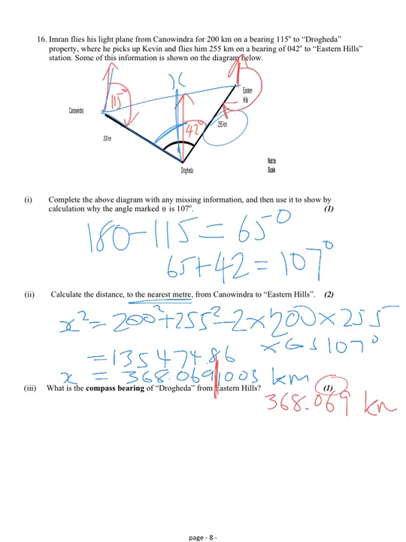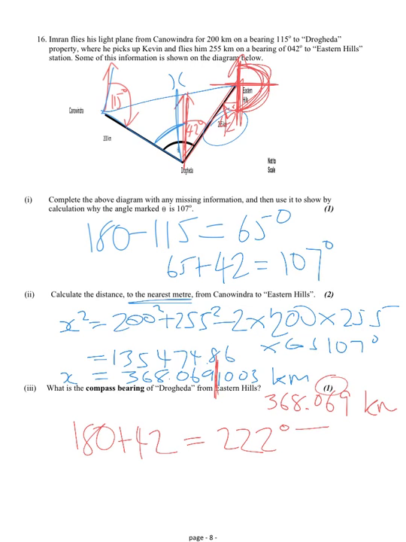Okay, so we can extend this line here, and what we said before with the compass rose, we can always get alternate or co-interior, and you'll see here we have a Z angle, so this here is 42 degrees, all the way to south is 180, so it's going to be 180 plus 42, which gets us 222 degrees on a true bearing.